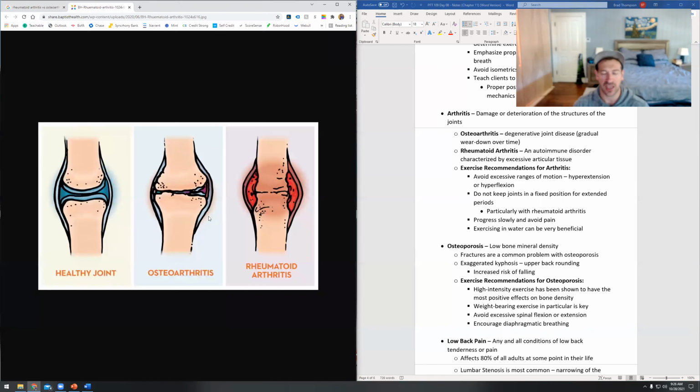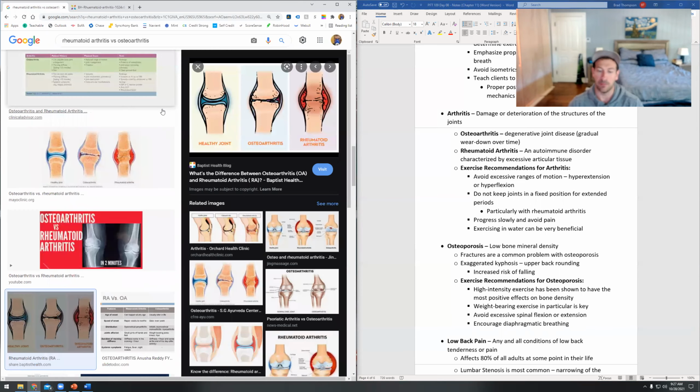So if you look at this, you can see here's a normal healthy joint, there's plenty of space in there, and the bone is obviously very healthy. But with osteoarthritis, look at how there's extra bone, and that bone is very porous and kind of damaged and chunky looking. That's because when you slam your bones together, if it causes damage in the joint, what ends up happening is your body will often create bone spurs.